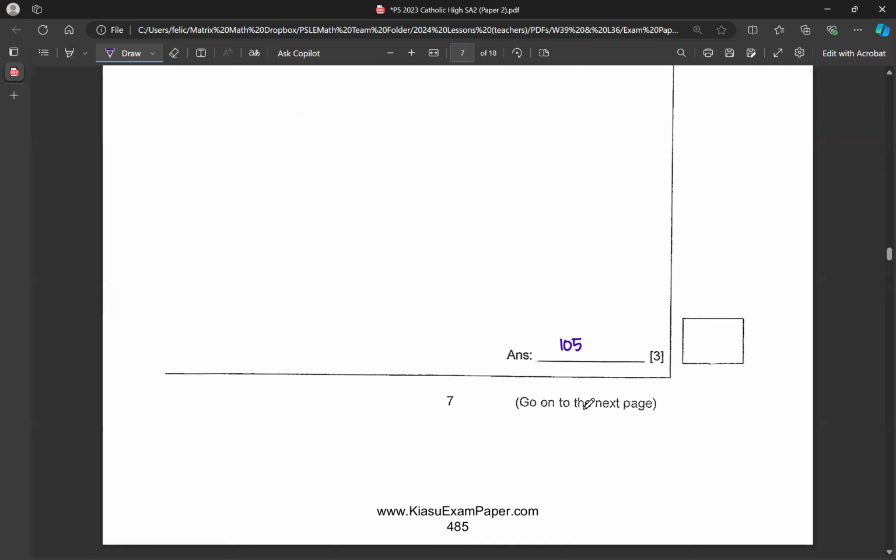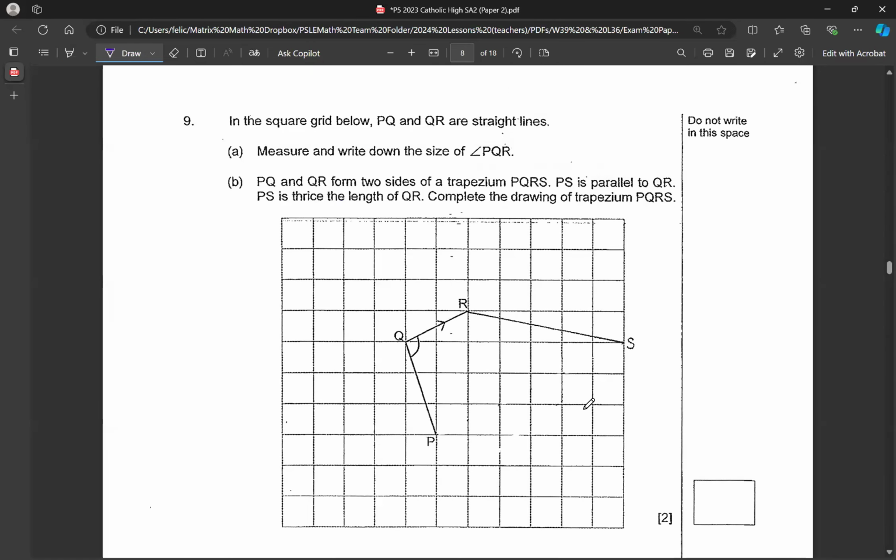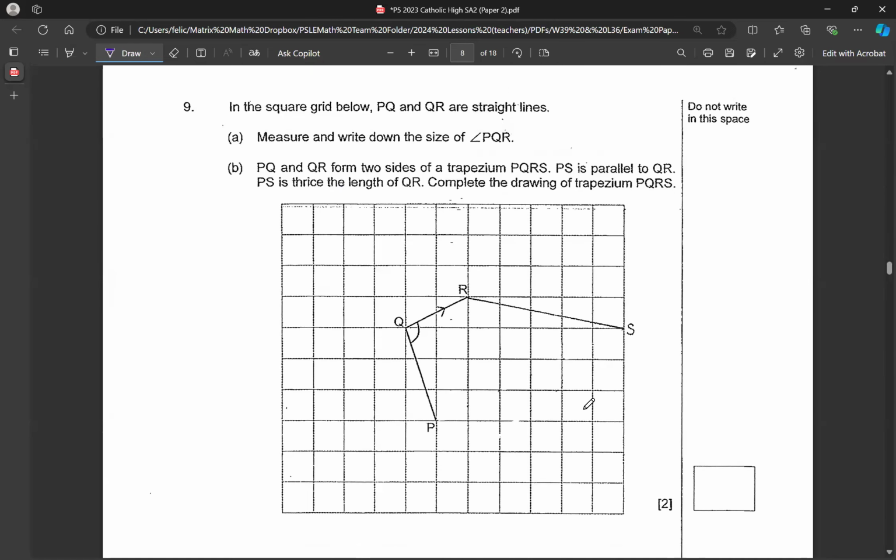Okay, I'll move on to question 9. Now in the square grid below, PQ and QR are straight lines. Measure and write down the size of angle PQR. I can't really show you the protractor from here. So you should be able to figure out, use your protractor, put it at angle PQR.